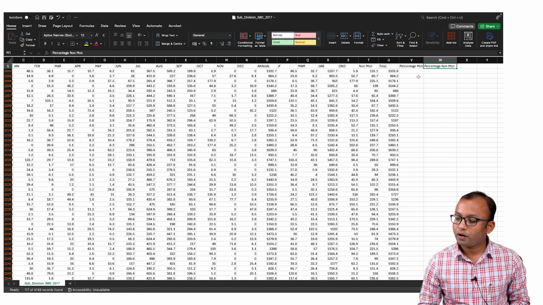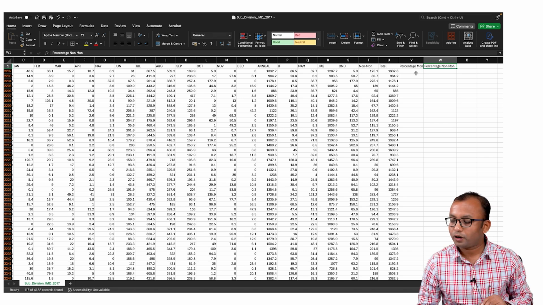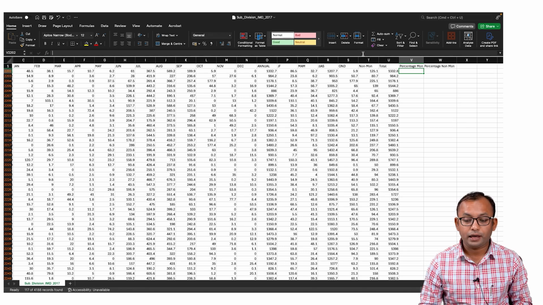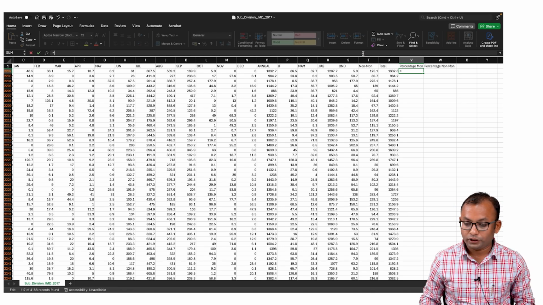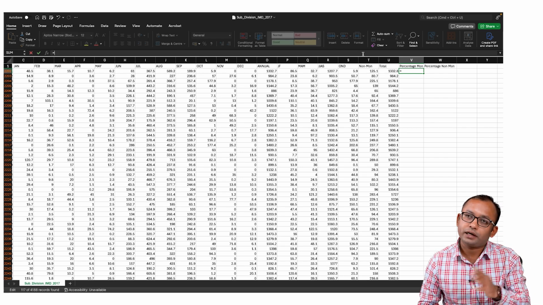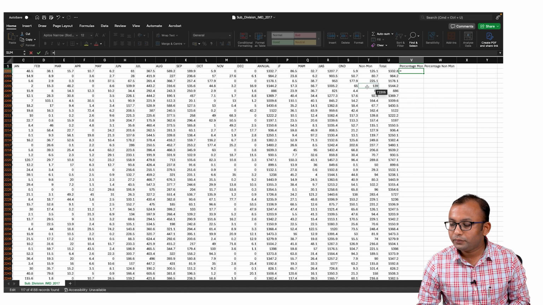Okay. Now, I have to calculate the percentage rainfall received during the monsoon month. How can we do that? We click this cell again, and then write a formula. When you start writing a formula in Excel, you always write an equal sign first. Then for the monsoon month, you select the JJAS value.